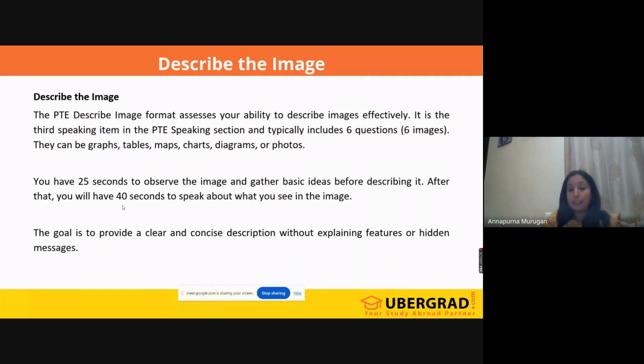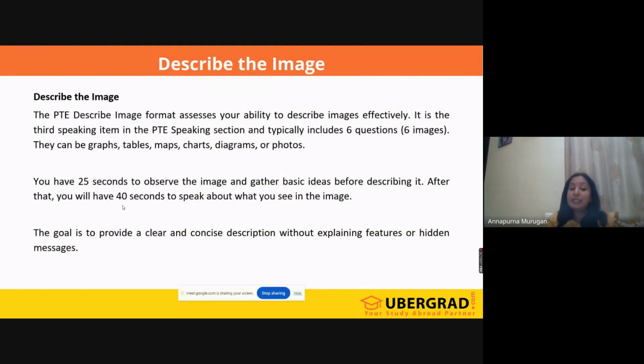In 40 seconds, it is not that we say anything and everything. Whatever we say should be meaningful and should be presented in a paragraph. And you need to try and explain the complete idea presented in the diagram. Now it is challenging.